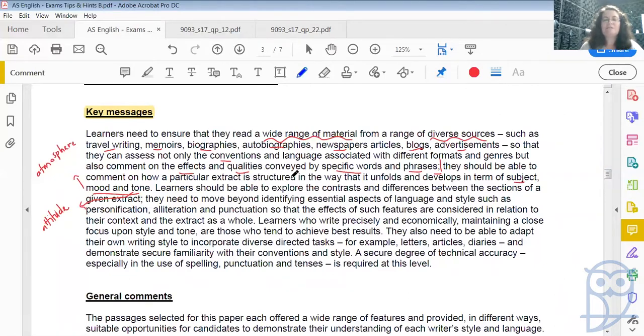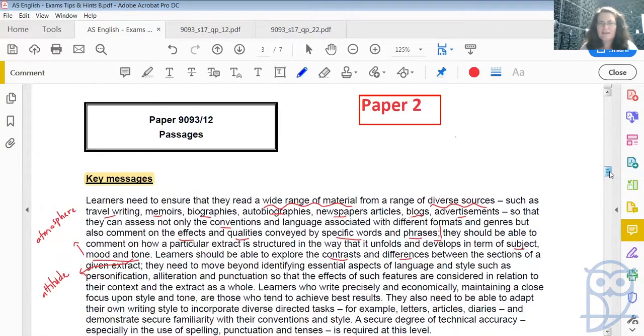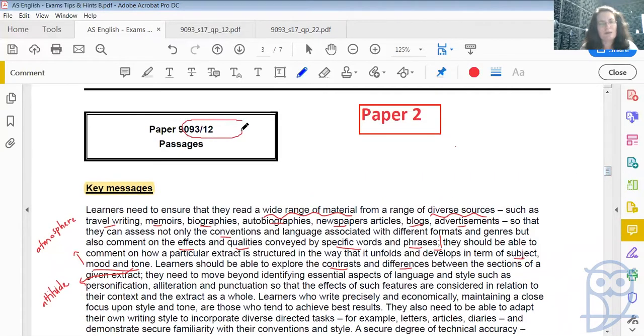Learners should be able to explore the contrasts and differences between the sections of a given extract. Okay, so I think it's actually, sorry, this is focusing on paper 1, not paper 2. I just realized. Sorry, paper 1 and paper 2. Right, because we're busy talking about extracts, so that is where the focus is.